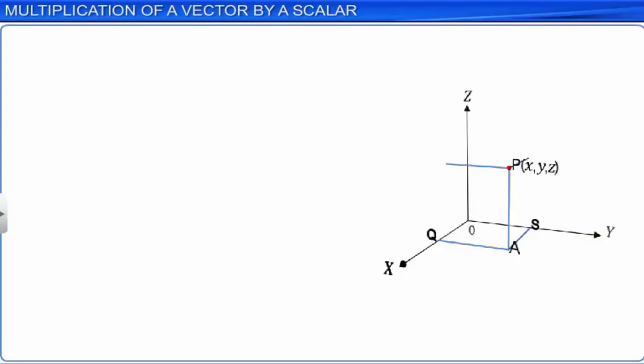Complete the parallelepiped as shown. Now, Q, S and R are the points on the X, Y and Z axis respectively, such that OQ is equal to x, OS is equal to y, and OR is equal to z.